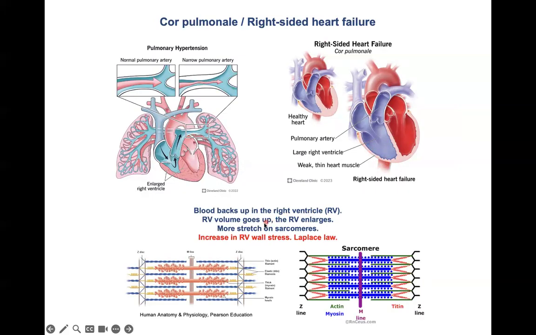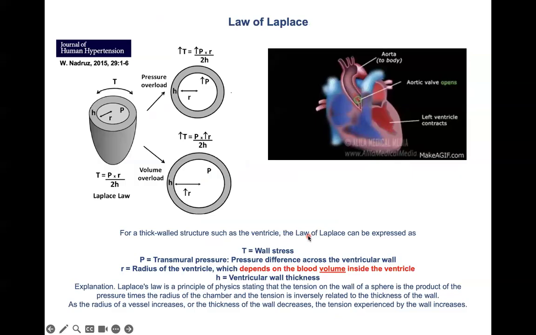When we think about wall stress, we think about the law of Laplace, which states, for a sphere, let's assume this is the structure of the right ventricle, simplified, we have here a sphere. T, the wall stress, is equal to the pressure inside the ventricle compared to the outside.